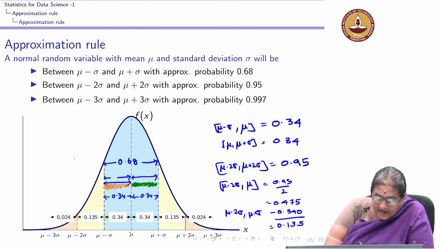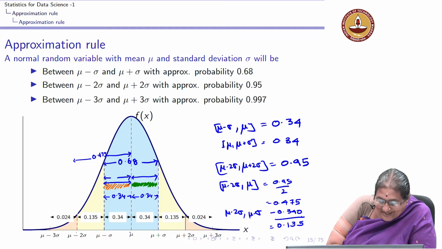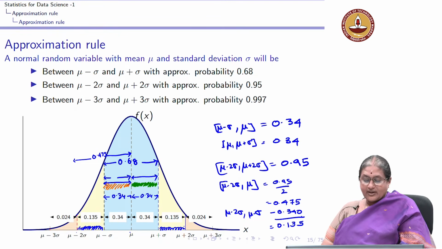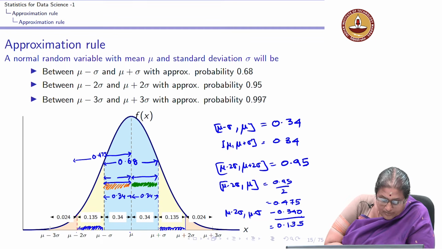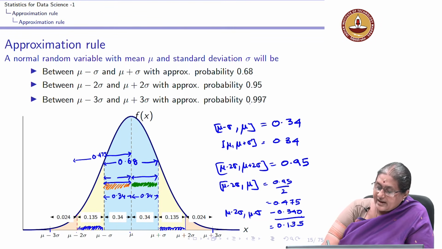So, I have that this area is 0.475 and this area is 0.34. Hence, this yellow region is going to be 0.135. By symmetry, this yellow region is also 0.135.